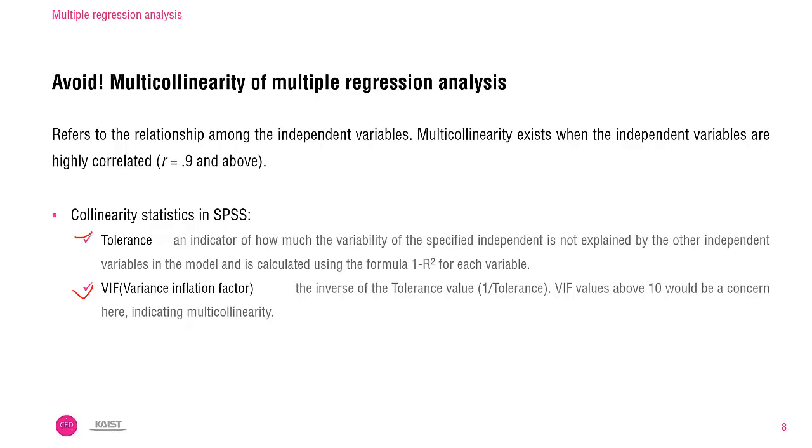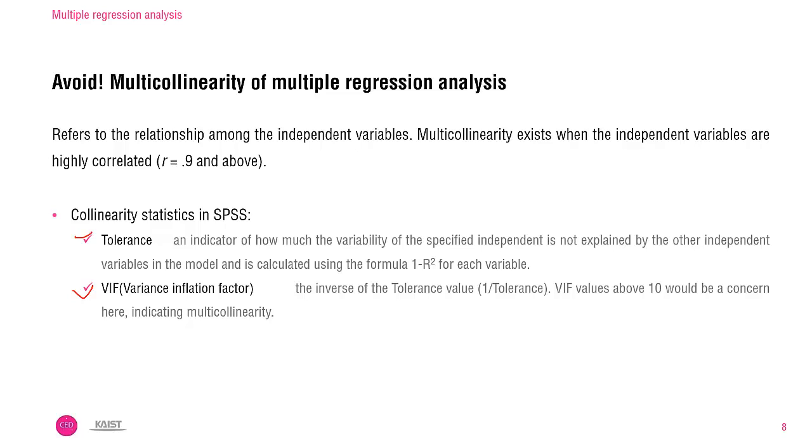Tolerance is an indicator of how much the variability of the specified independent variable is not explained by the other independent variables in the model, and is calculated using the formula 1 minus r squared for each variable. If this value is very small, so less than 0.1, it indicates that the multiple correlation with other variables is high, suggesting the possibility of multicollinearity.